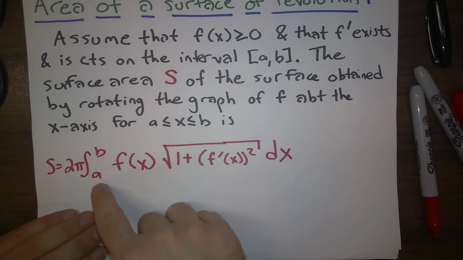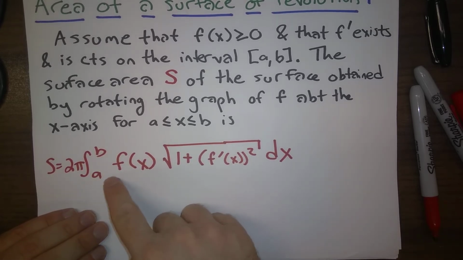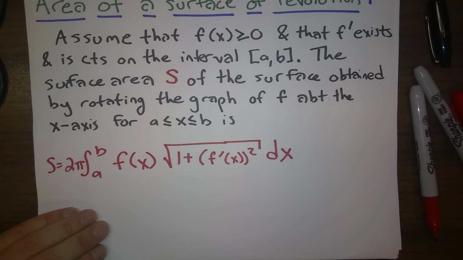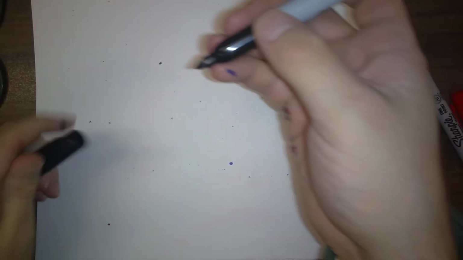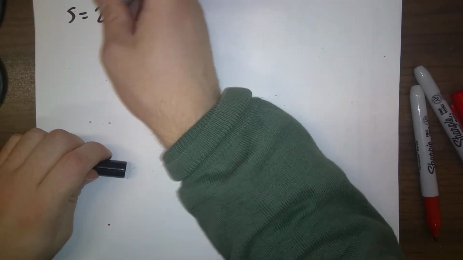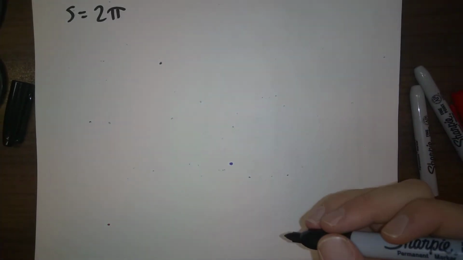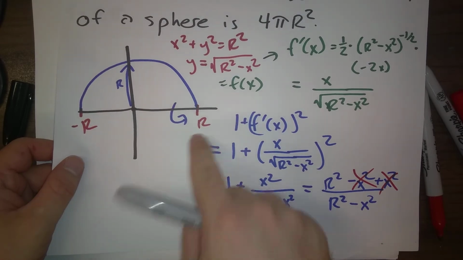So once again, here's our formula. 2 pi times the integral from a to b of the function times the square root of 1 plus the derivative squared. So what's that going to be here? We said our bounds are from minus r to plus r.